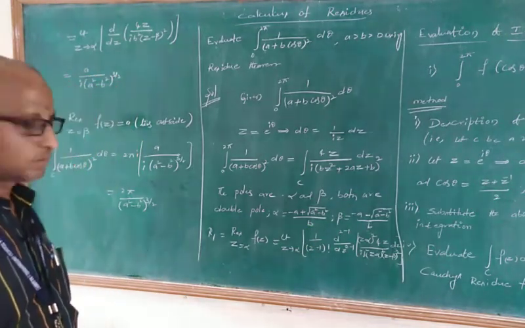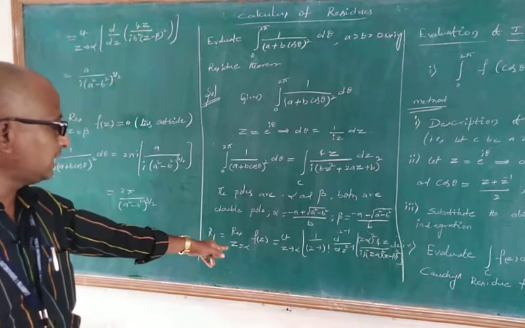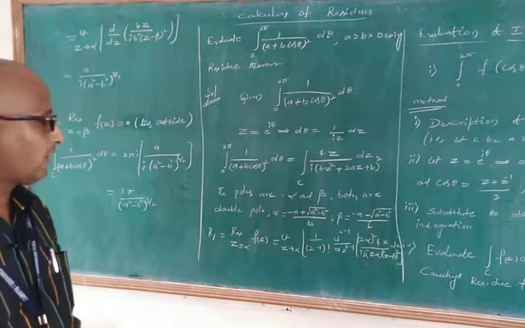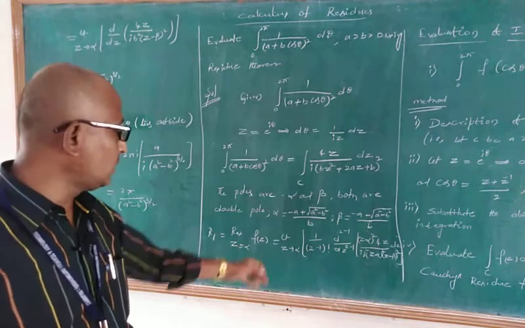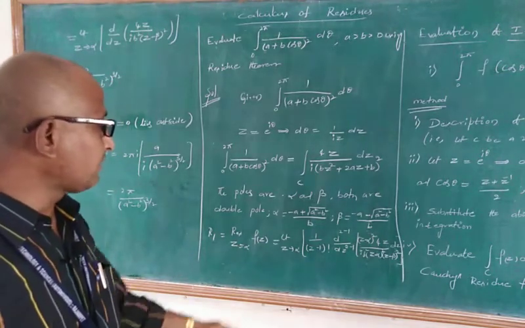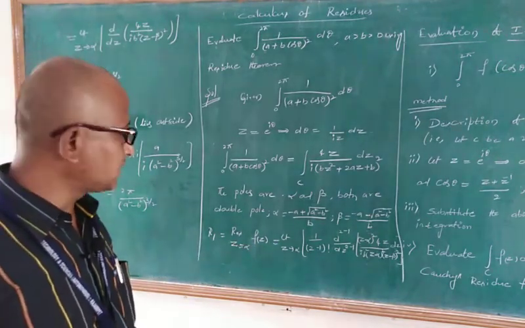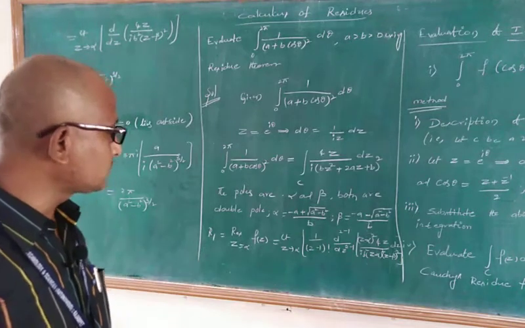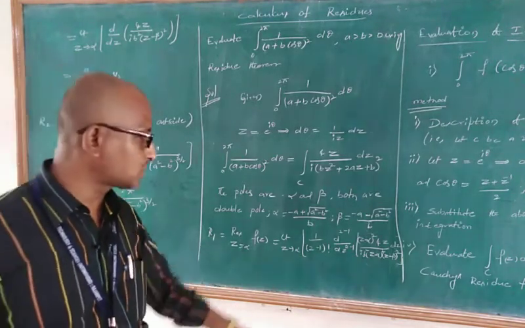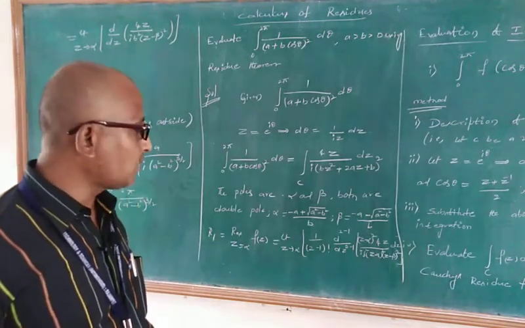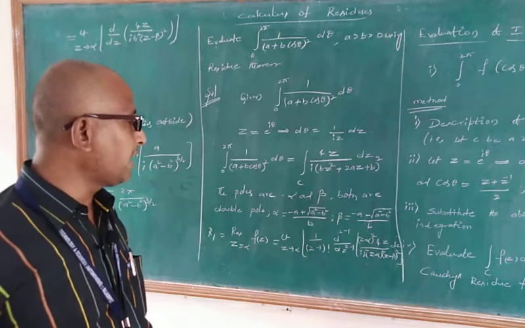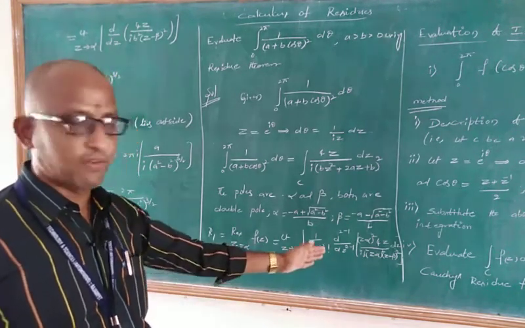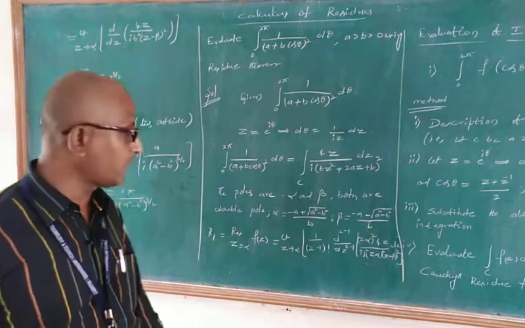Now the residues. r1 is the residue at z = α of f(z), which equals the limit as z tends to α of 1/(2−1)! times d^(2−1)/dz^(2−1) of (z − α)² times 4z divided by ib(z − α)²(z − β)² dz.